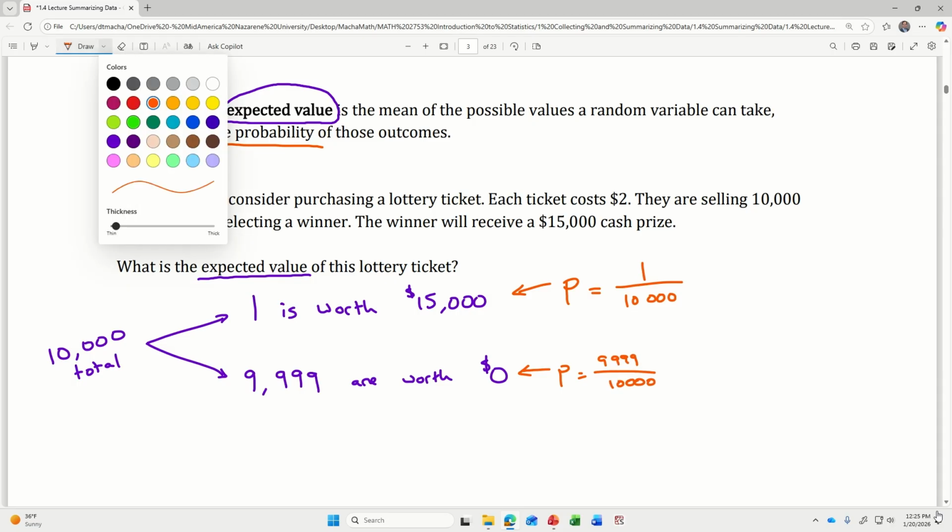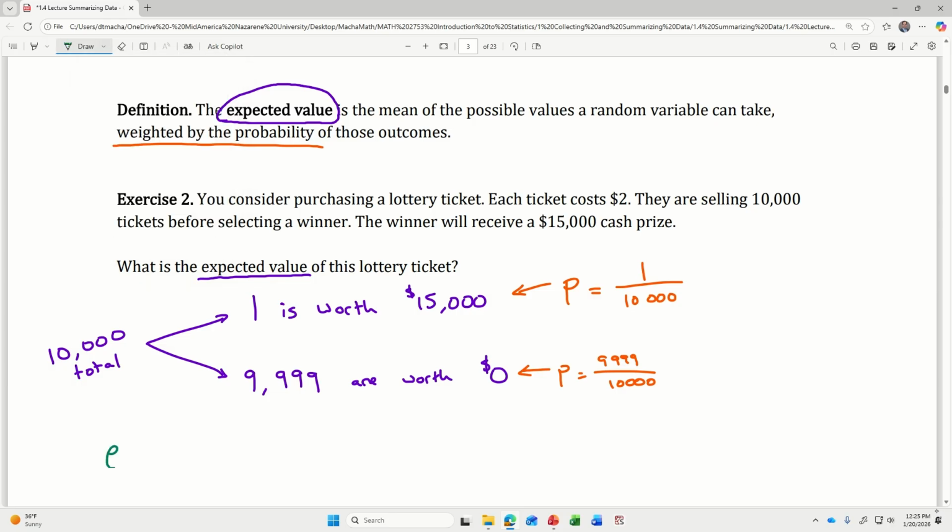So to calculate my expected value, I'm going to take a mean of the possible values that my random variable can take. The mean would be like the average between $15,000 and $0, but this is not just a plain old arithmetic average.